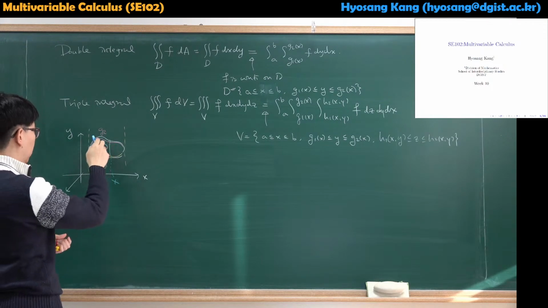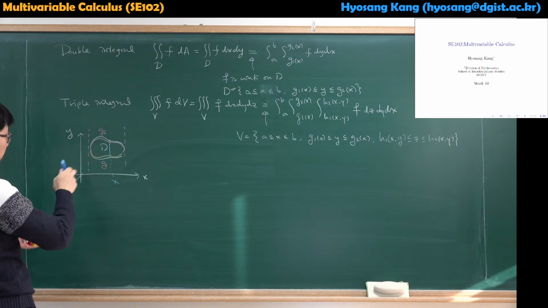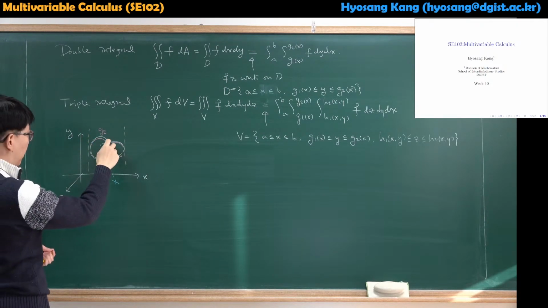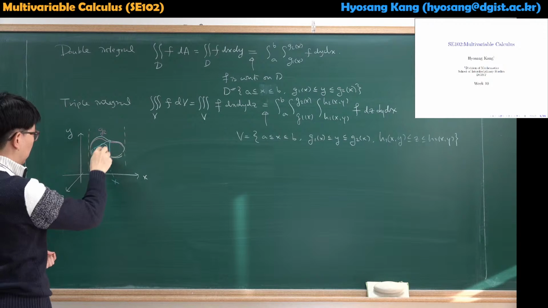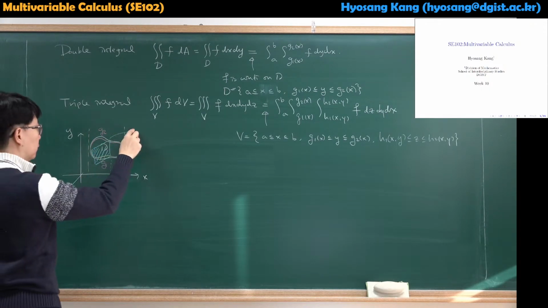So for example, let's say this is our z-axis. The graph of the function is hovering over this region D, and by taking this section, I am taking the section under the graph of the function.